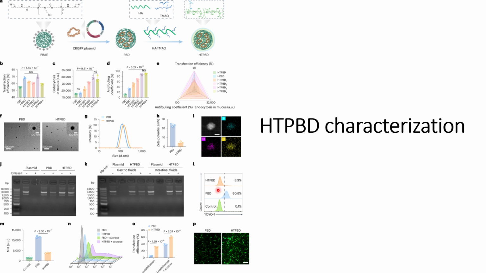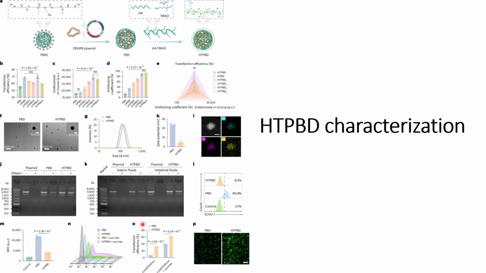Next they checked the expressions of the PBD and HTPBDs in different conditions, and they can see that the PBD's expressions are high in the normal case, but HTPBD's expressions are even higher in the absence of the sucrose, which is essential for its transfection to the mucous site where the colorectal cancer is.